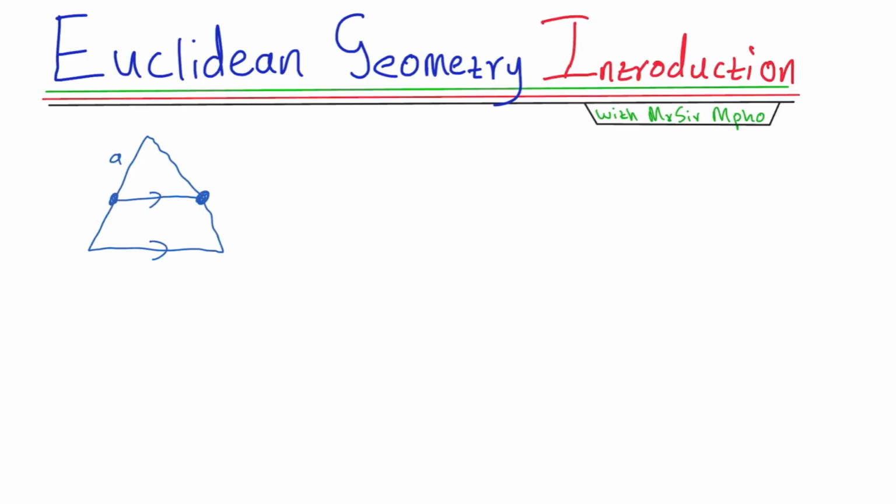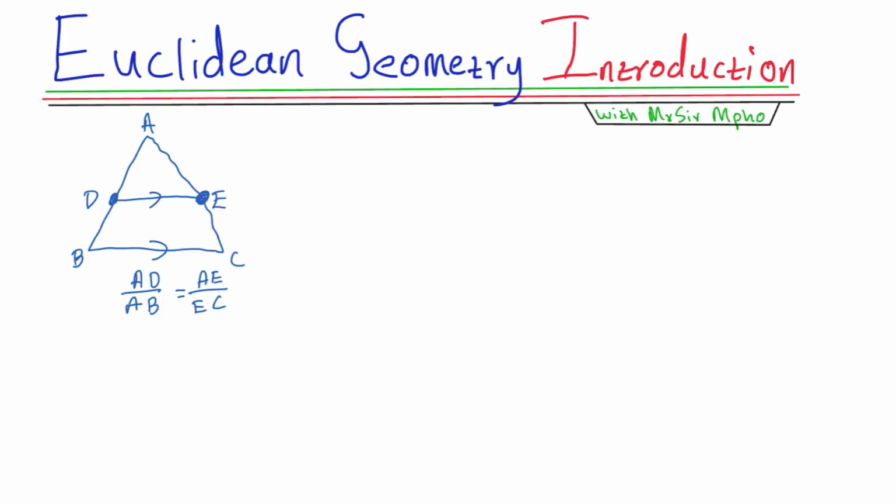Meaning, if I have A, B, C, D, and E, this theorem states that AD over AB will be equal to AE over EC. That's what this theorem is saying.